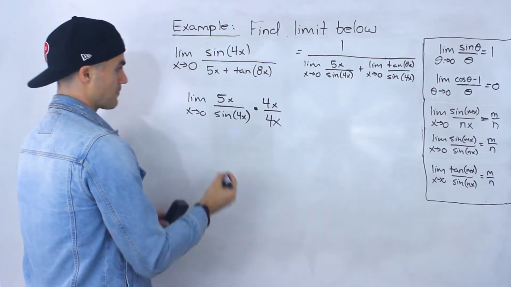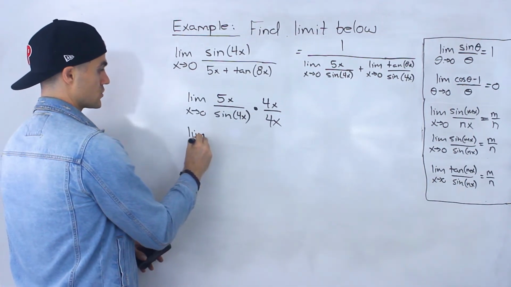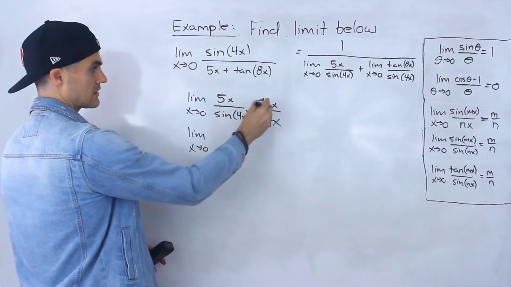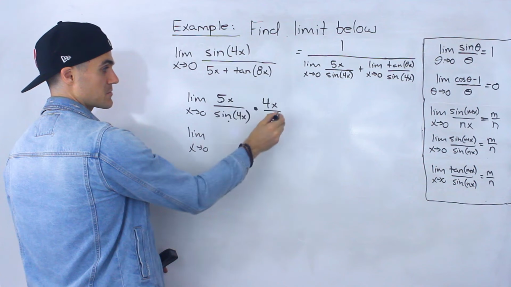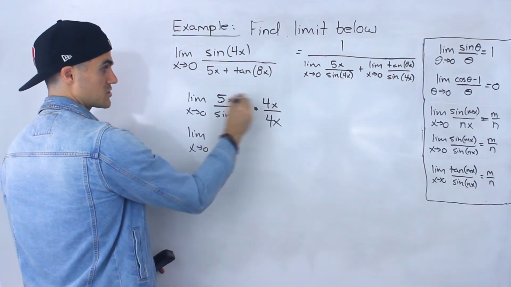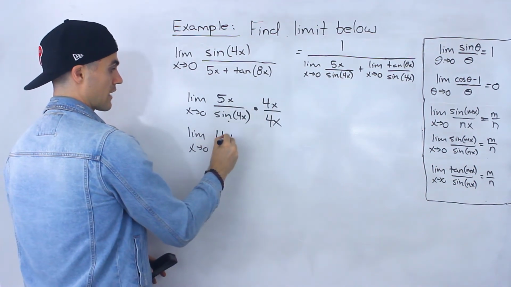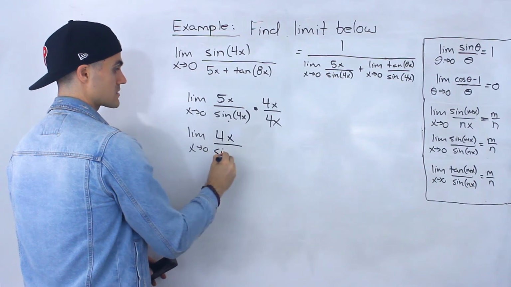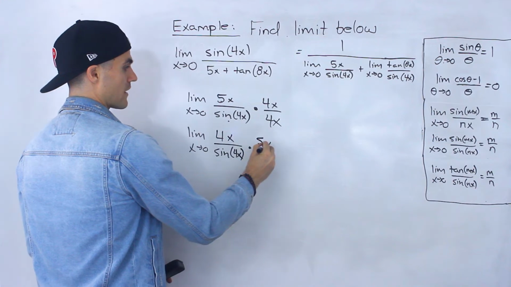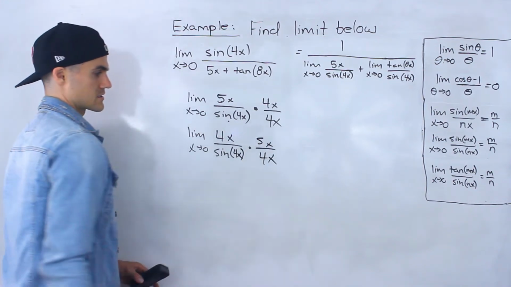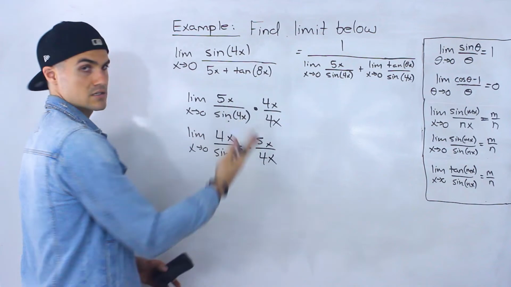So I'm going to take this 4x, put it over this sine 4x, and then take this 5x and put it over this 4x. So I'm just going to interchange these. So we're going to have 4x over sine 4x multiplied by 5x over 4x, like that.